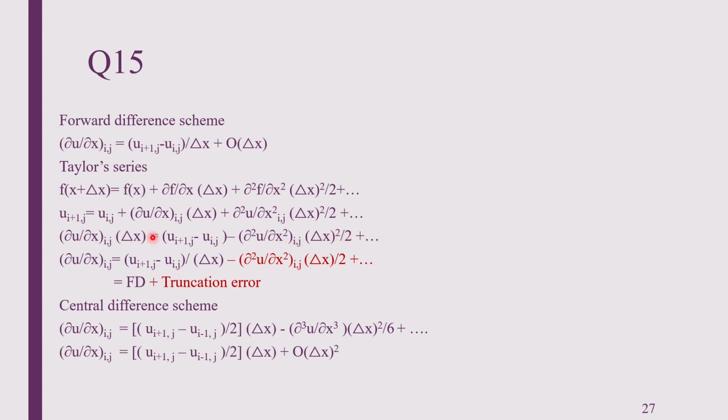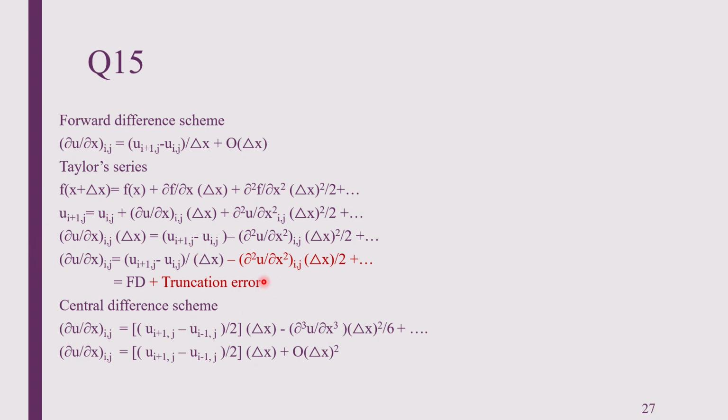And here we have one delta x left, so we are dividing the entire equation by delta x. So ∂u/∂x at (i, j) is equal to u(i+1, j) minus u(i, j) divided by delta x minus ∂²u/∂x² into delta x by 2. So here we are getting one equation form.